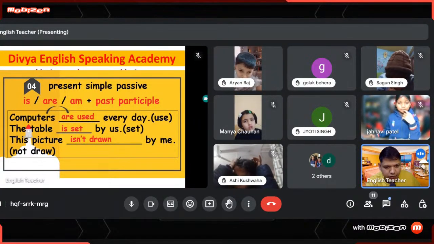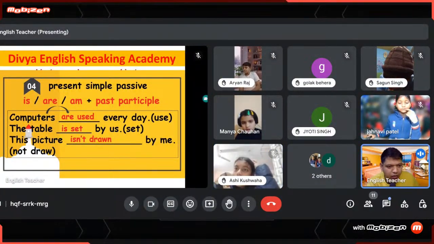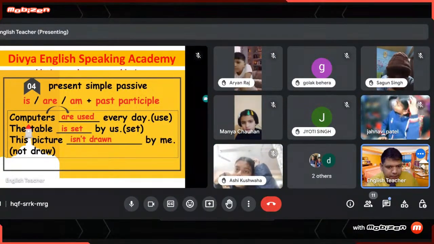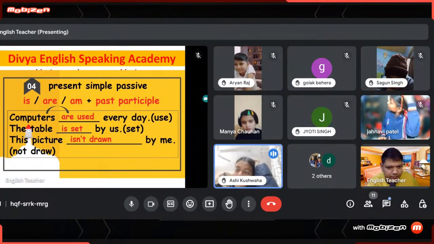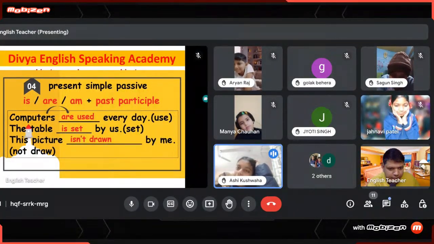Next sentence goes for Ashi. Ashi doesn't comb her hair. The hair isn't combed by Ashi.